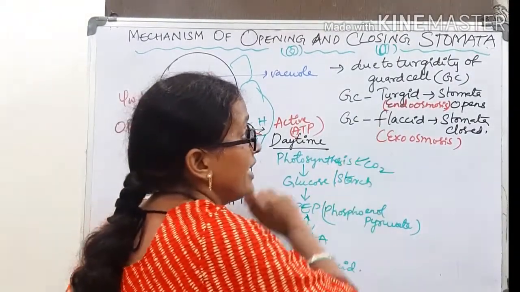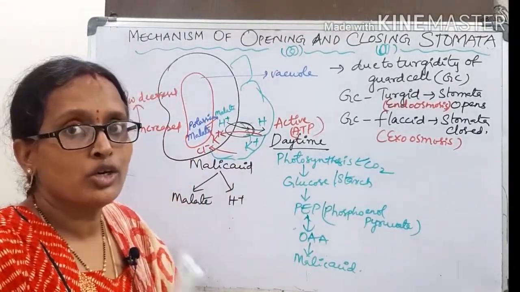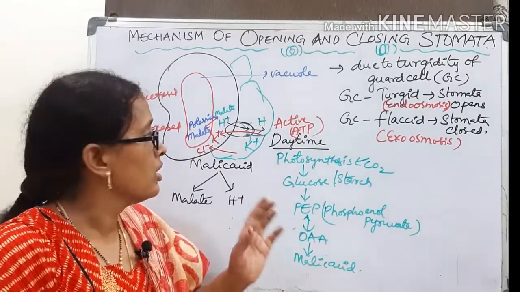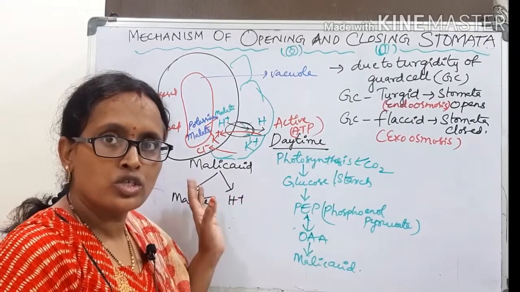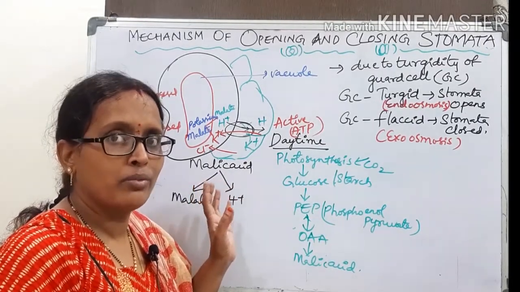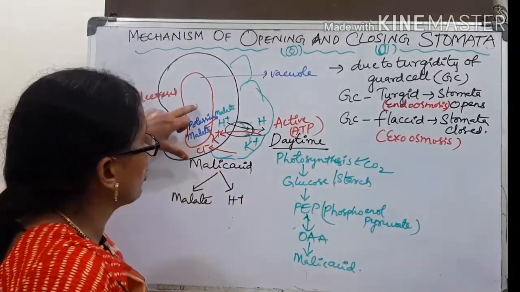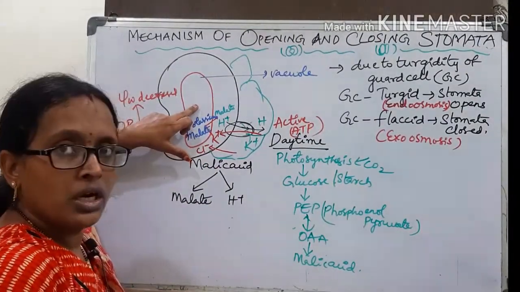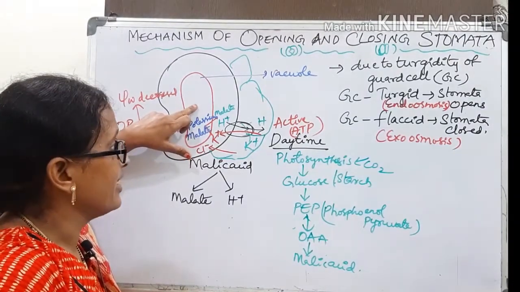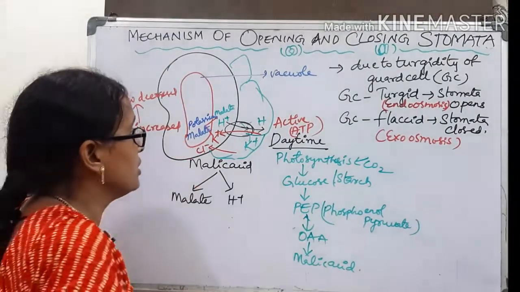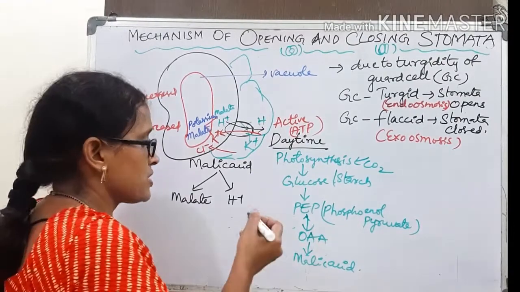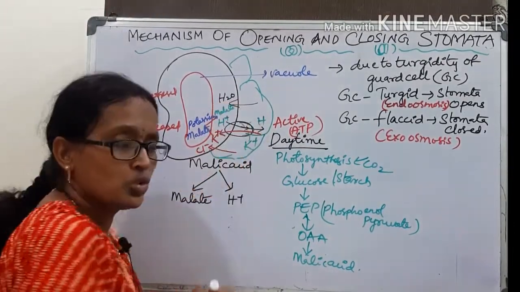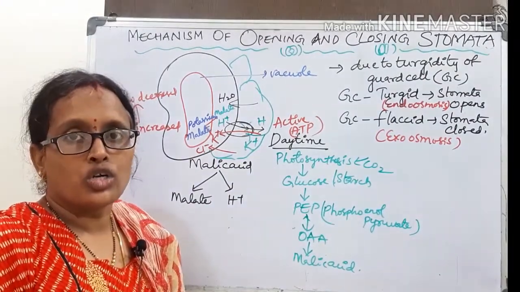We wrote that this is due to endosmosis. What is endosmosis? Osmosis is the movement of water from low concentration to high concentration through a permeable membrane. Here a high concentration is created, and with that, water from the subsidiary cells enters the guard cells.